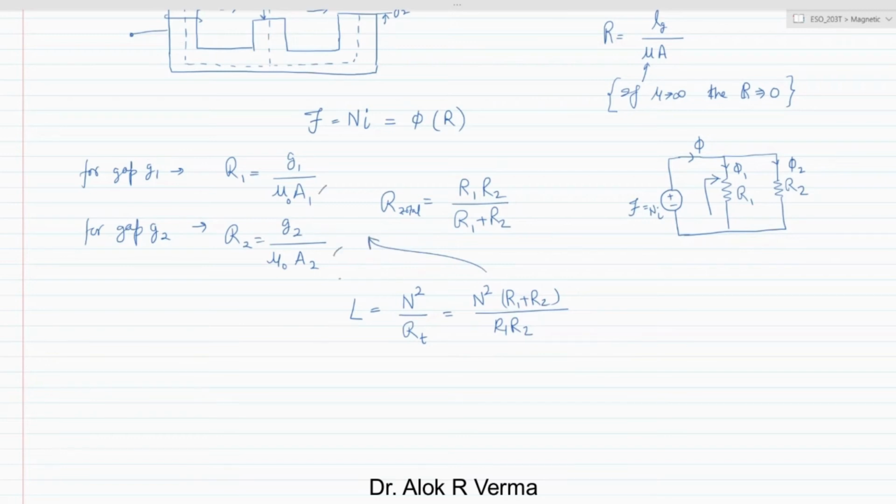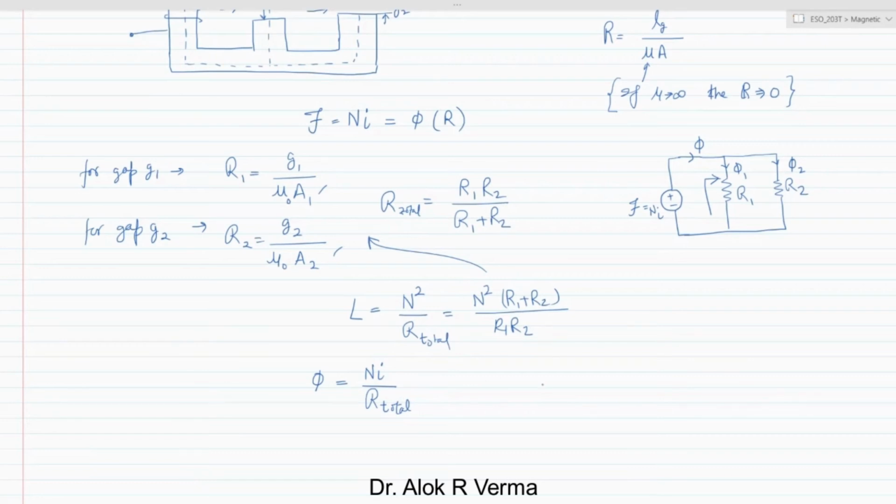We have both the values, and then you can calculate the phi also. How can you calculate phi? Phi is nothing but the MMF Ni by the total reluctance R total. So from here you can calculate the phi.